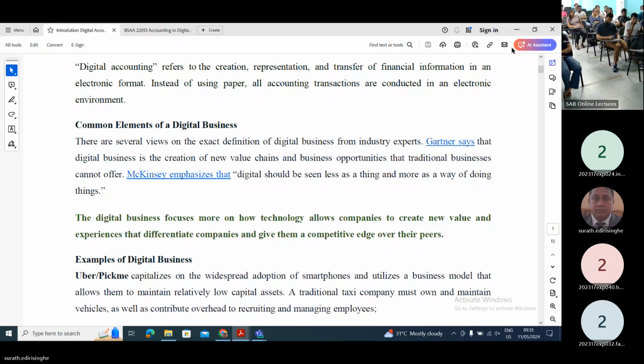Two things: create new values and experiences, meaning customer, employee and company experiences, that differentiate companies and give them a competitive advantage or competitive edge over their competitors. This is in simple terms called digital business. Read this paragraph again.